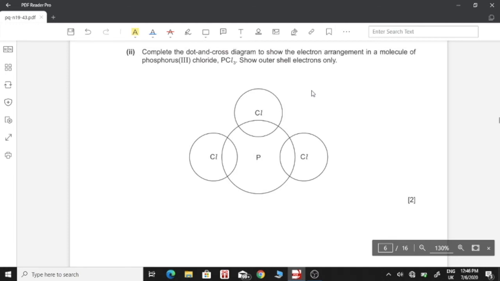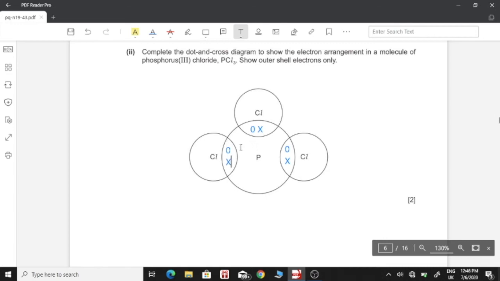Right, I'm going to be using dots for phosphorus and cross for chlorine atoms. So it's going to be sharing 1 with each chlorine atom. Right, we have a phosphorus electron and a chlorine electron. Again, over here we have a phosphorus and a chlorine electron. Same over here.